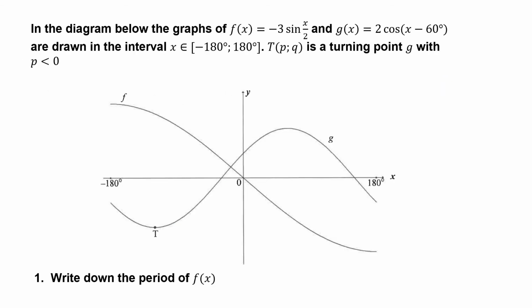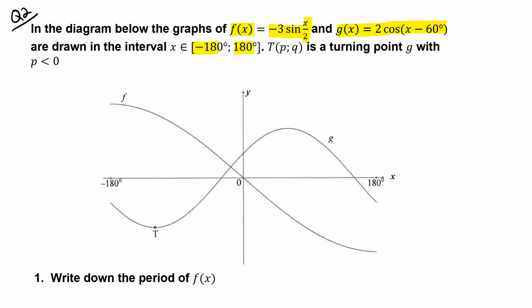We're now going to look at the second question. So this is question 2 that we'll be dealing with. It says here that in the diagram below, the graphs of f of x, which is equal to -3 sine x over 2, and g of x, which is 2 cos x minus 60, are drawn in the interval where x is between -180 and 180.